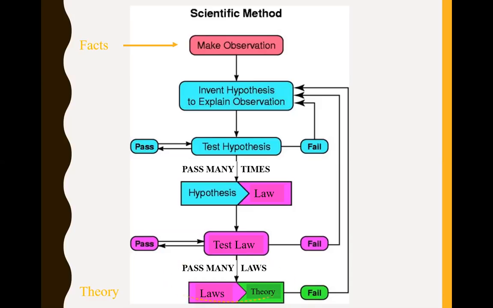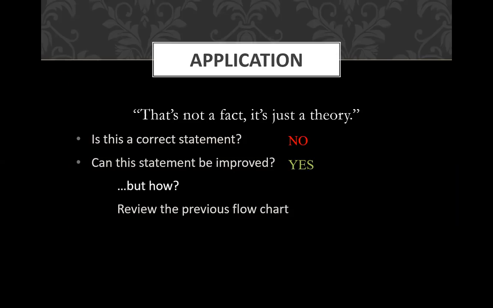A fact, on the other hand, just like we said, is an agreement between two or more observers. Hopefully they know what they're looking at, they're competent, but two or more observers. There's been no testing. It's just an agreement, a handshake, if you will. So based upon that identification, the easiest way to fix this statement is just to switch two words. Can you take a guess as to which two words?